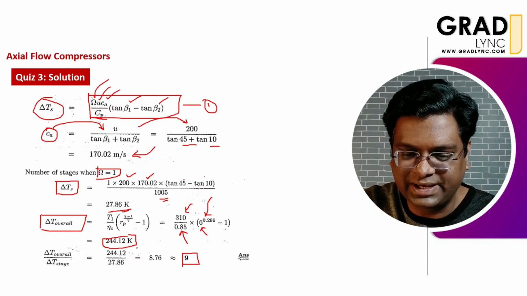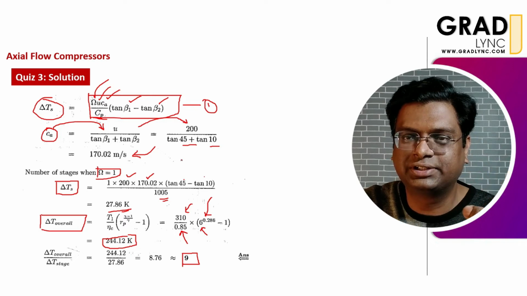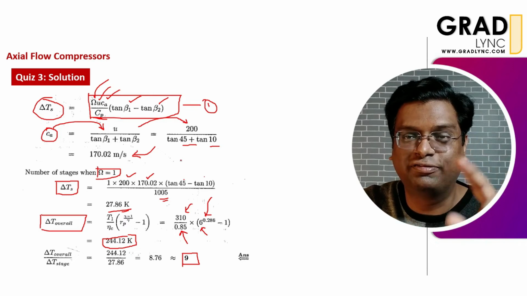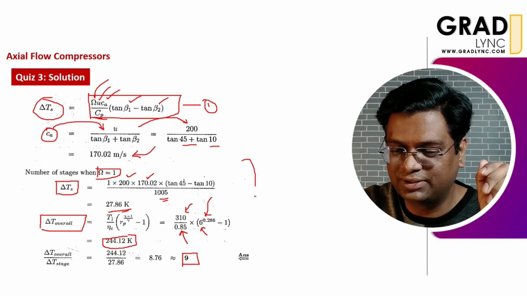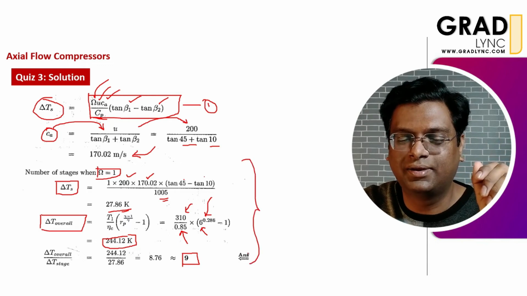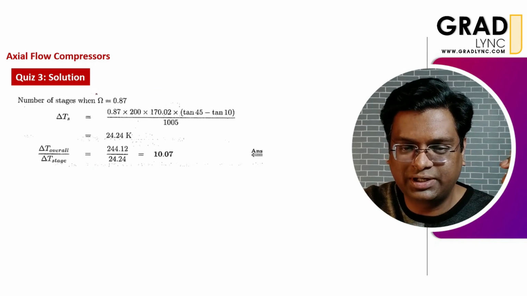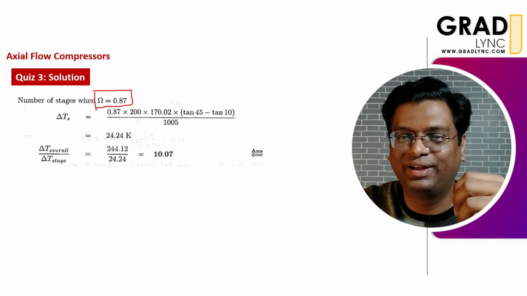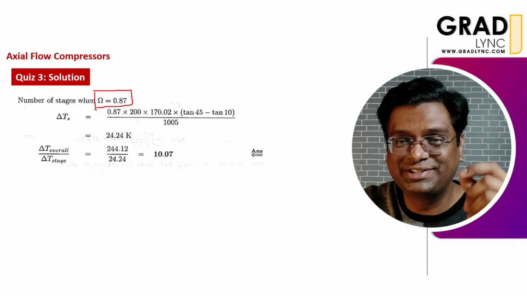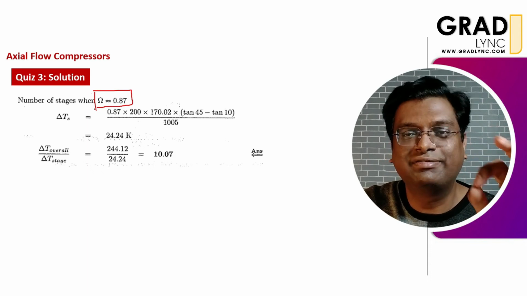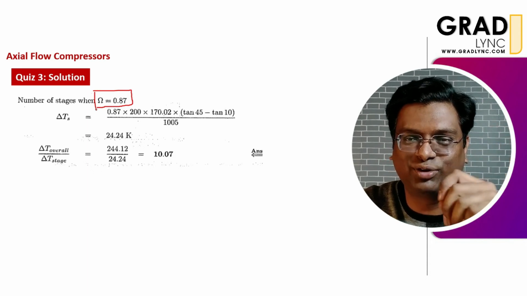Then I can compress the air to 6 times if the work done factor is assumed to be 1. Right? So that is the meaning of this 9 number. Right? So next we will try to understand if I change the work done factor to 0.87, how the number of blades will change. Now this is a realistic value. Right? Work done factor exists in all the real flows.